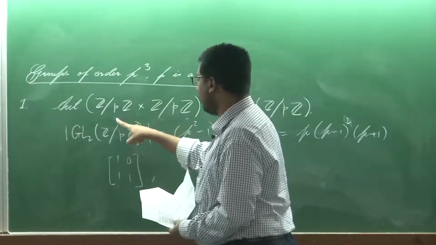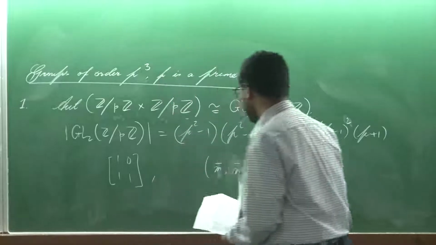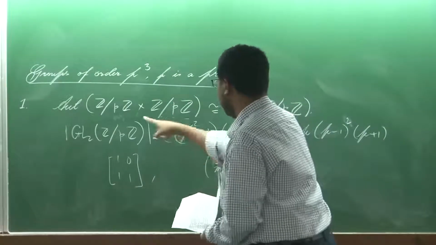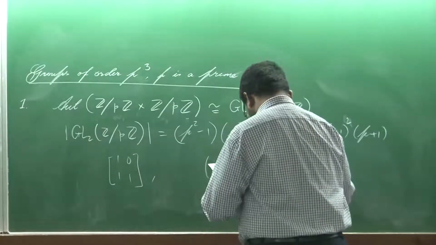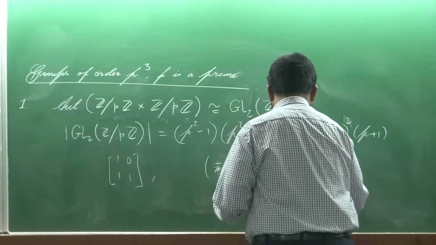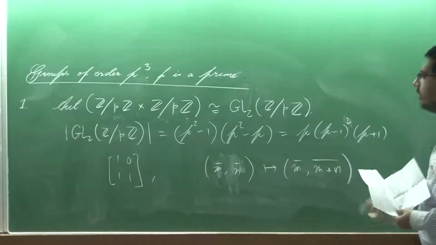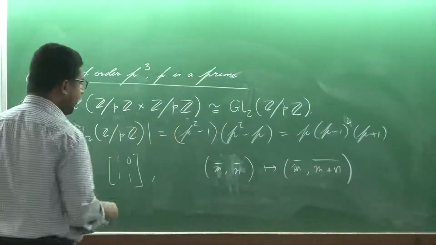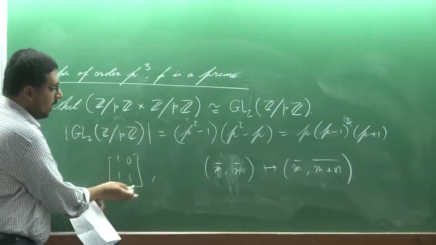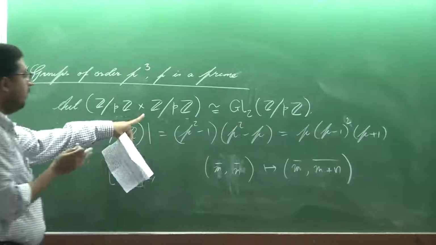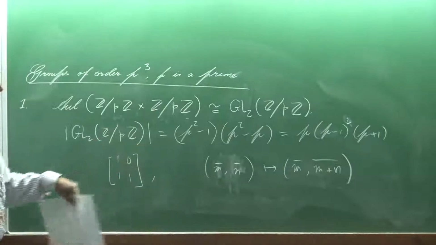E1 is nothing but 1 bar comma 0 bar, E2 is nothing but 0 bar comma 1 bar. So coordinates of this will be M bar comma N bar, and once you apply this matrix you get M bar, M plus N bar. This is the automorphism of this group, and since it corresponds to this matrix of order P, this automorphism has order P.